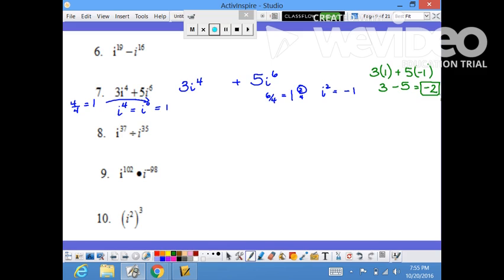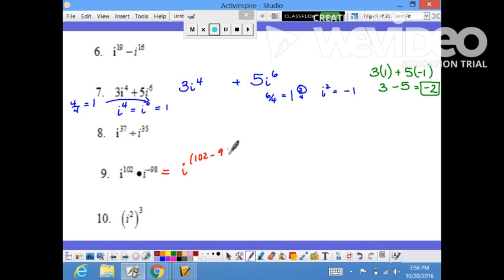Okay. Working on number 9. Number 9, you could do one of two ways. I would urge you to pull out your good friend, the law of exponents here, because we're multiplying two exponents with the same base. So when you're multiplying two exponents with the same base, the law of exponents says to keep the base and add the exponents.